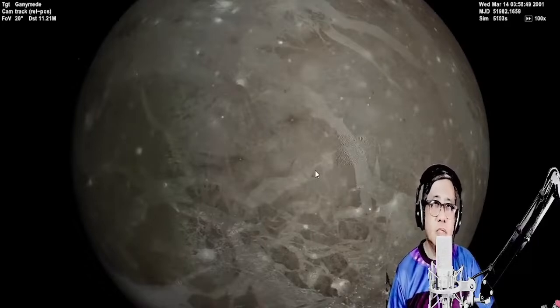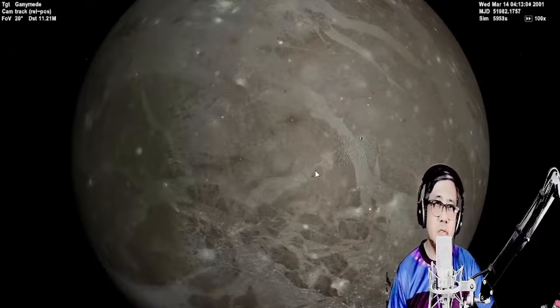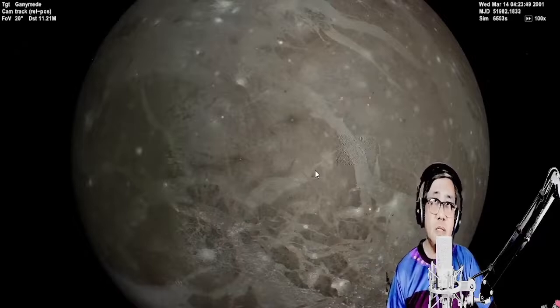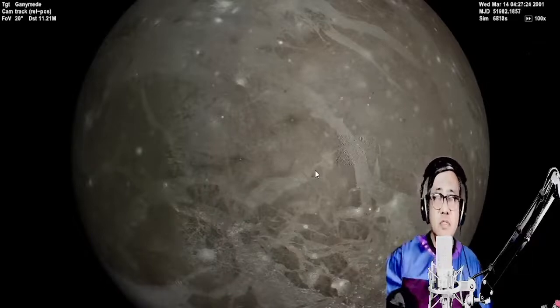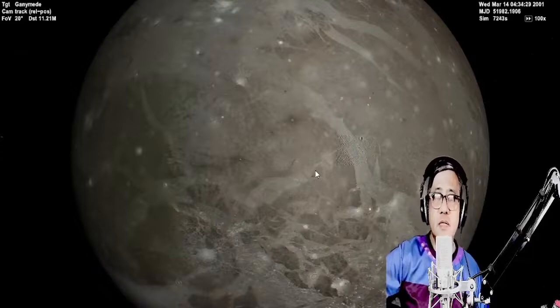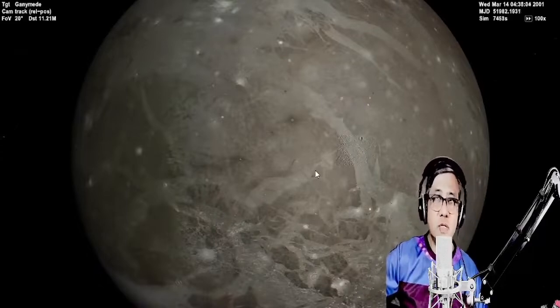Ito yung surface ng Ganymede. So meron siya mga dark regions saturated with impact craters and the lighter regions cross-cut by extensive grooves and ridges. Alright, Ganymede mga ka-spacers is the largest moon not only of Jupiter but the solar system. Ganymede is even larger than Mercury.